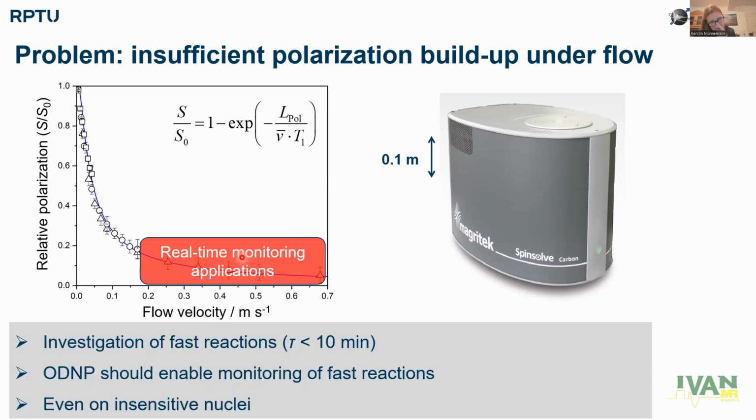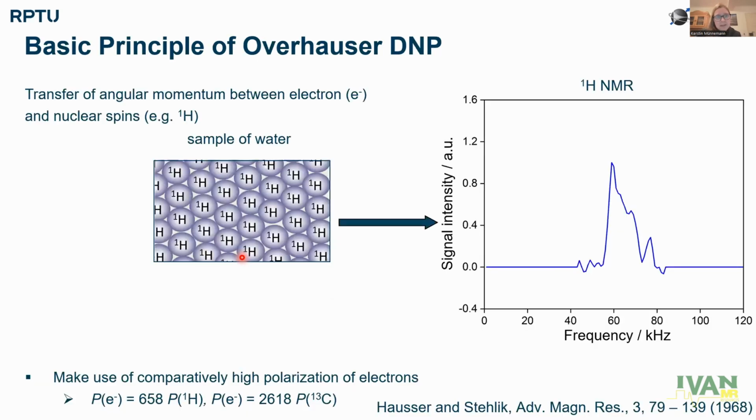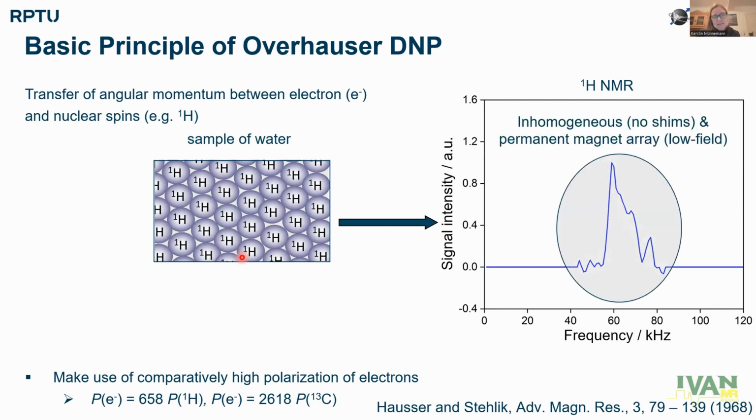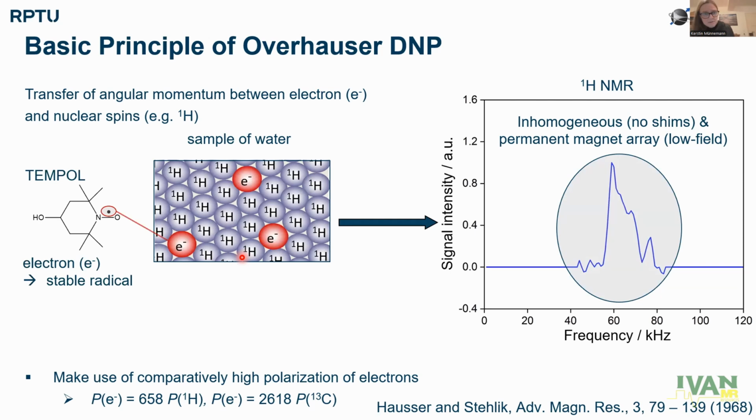And we thought that maybe ODNP can do the trick here, and it would be very beneficial if we could do that even on more insensitive nuclei like carbon-13. So the basic principle of ODNP is very much related to the principle of dissolution DNP. We also add free electrons to our samples, so unpaired electrons.